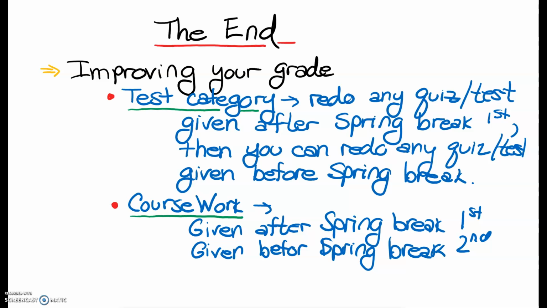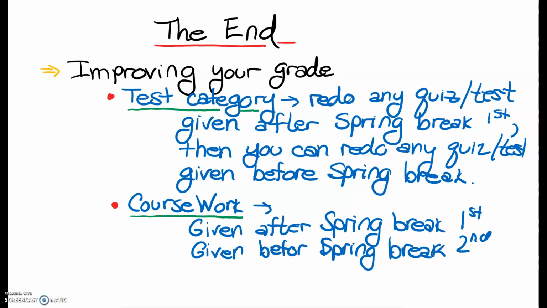Once you have completed those, because we have had a lot of assignments after spring break, then you can move to assignments and quizzes given before spring break. So don't ask me for anything from before spring break unless you have completed everything in that category after spring break.